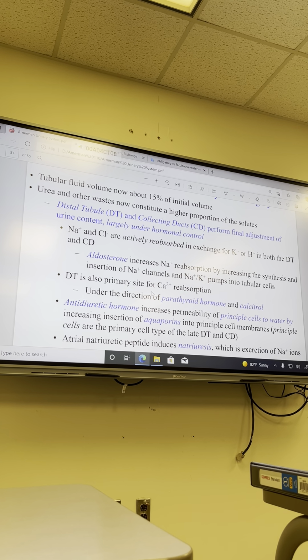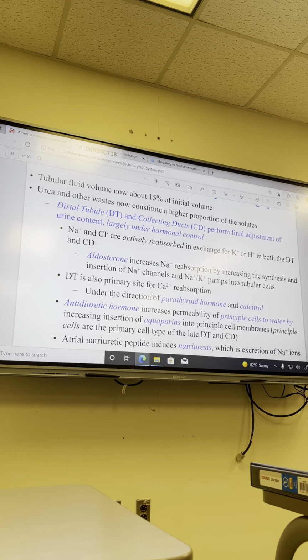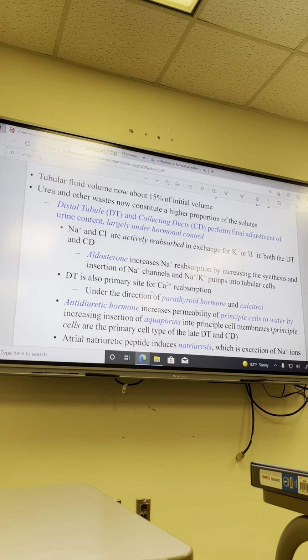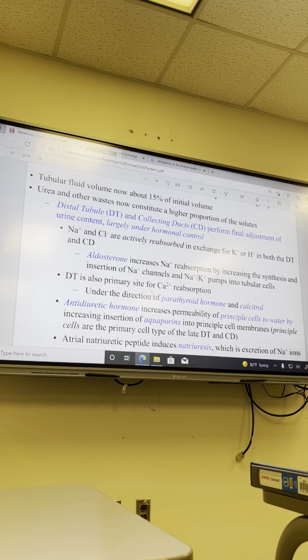One key thing about aldosterone is that it's going to have an impact on the volume of the filtrate that's left here, but not much on its concentration, because we're pulling out both salts and water. So aldosterone has a minimal impact on the concentration of the forming urine, just how much of it you're producing. Do I need to repeat that? Yes, please.